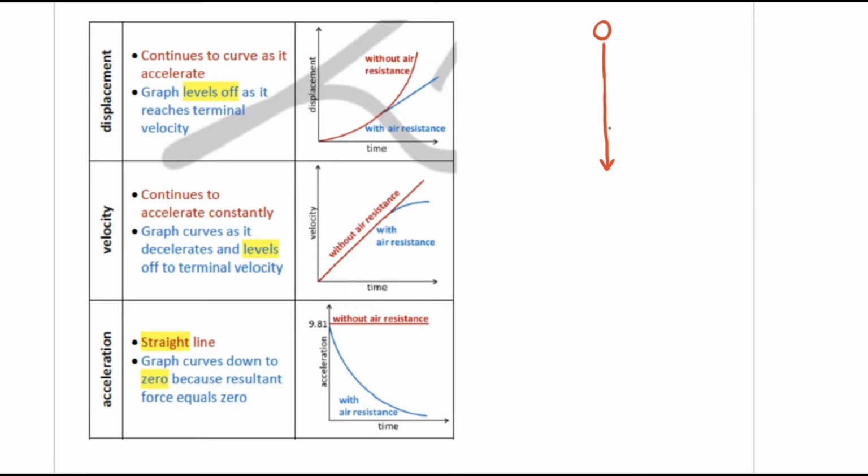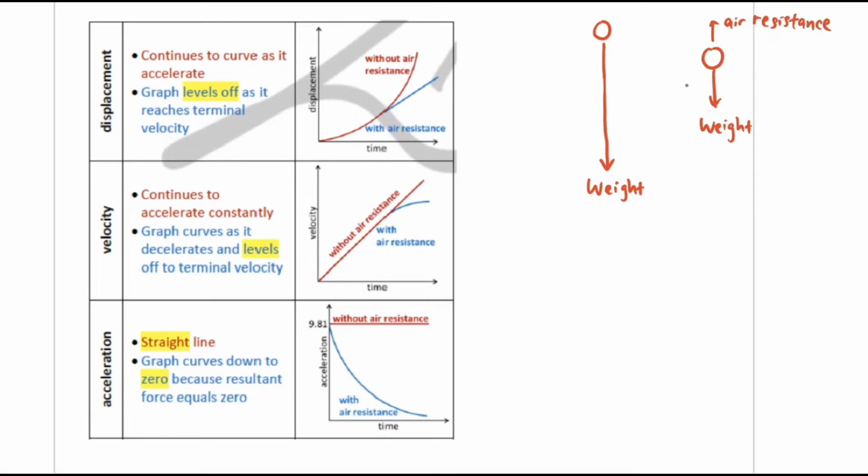When there is no air resistance, the force that pulls it down is basically the weight. If there is air resistance, the object has weight acting downwards, but the air resistance, which is also a force, acts upward in the opposite direction.